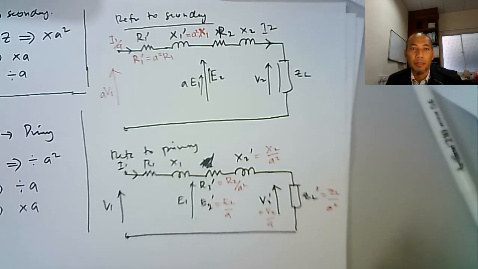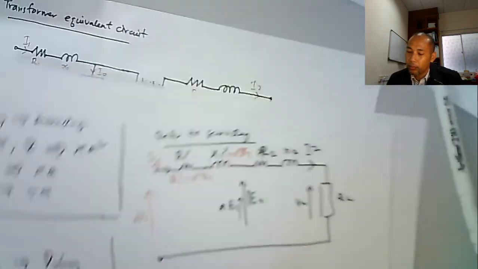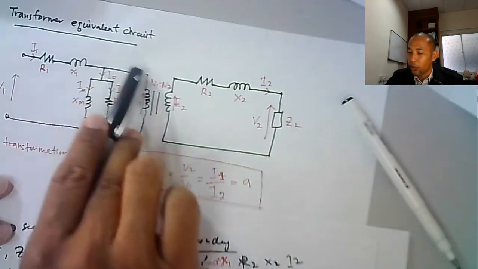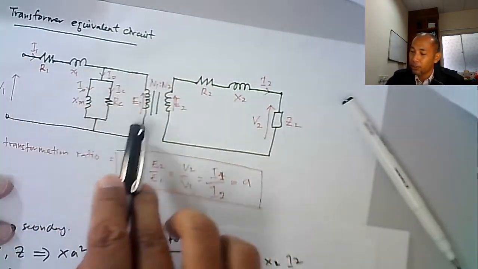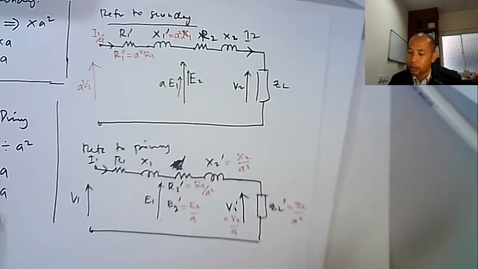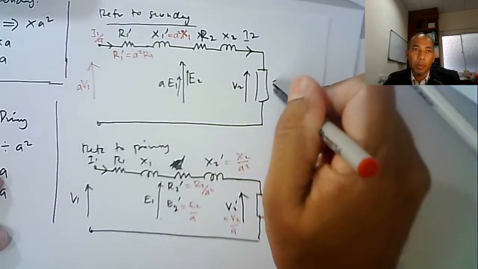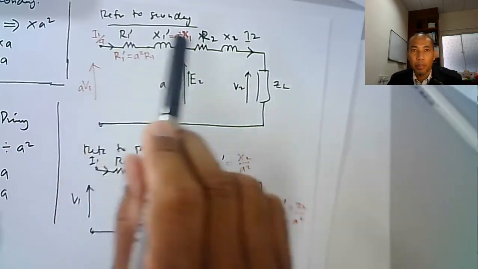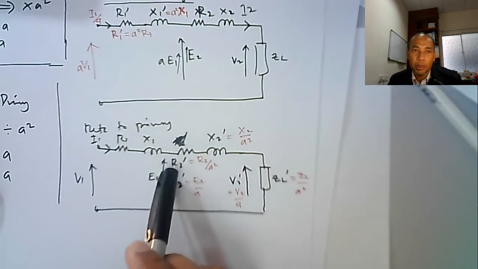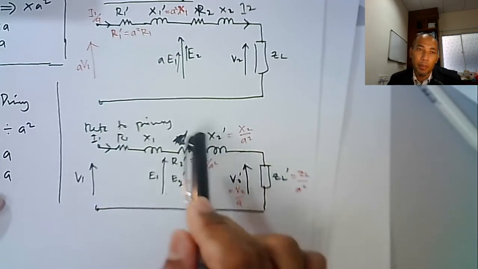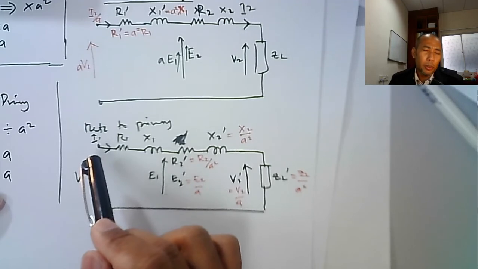Before this, with the isolated transformer, we have different isolated parts, which is very difficult, so we combine it into these two types. Either we bring all the primary parameters to secondary, which is refer to secondary, or refer to primary, where all the secondary parameters we bring to primary.